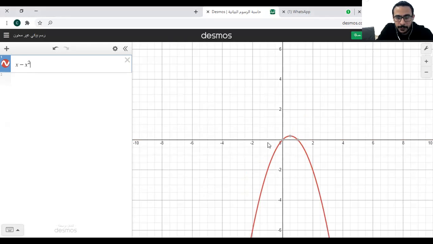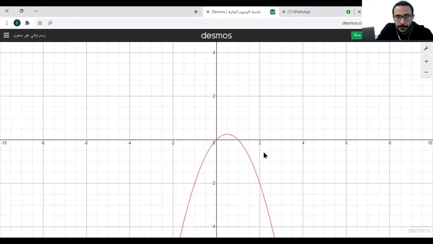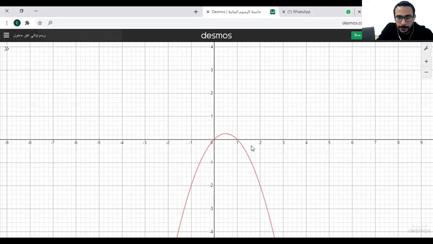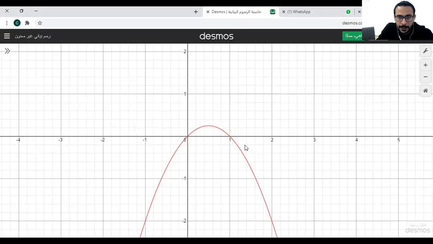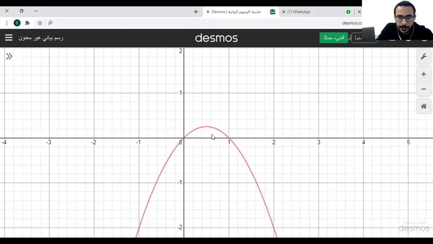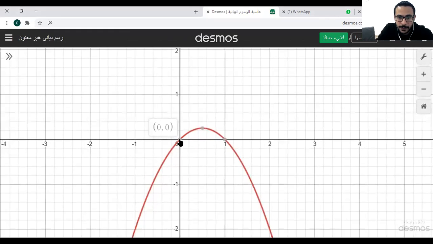This is the function we have now, which is this part only. Do you see, guys? And we need only the part with the x-axis, from 0 to 1, to look like this one.